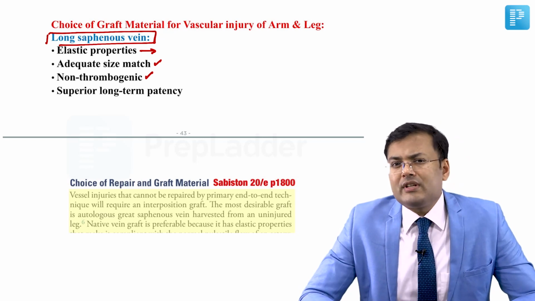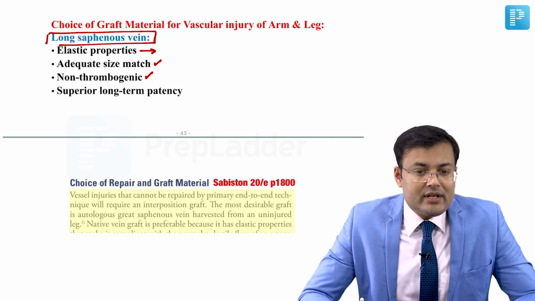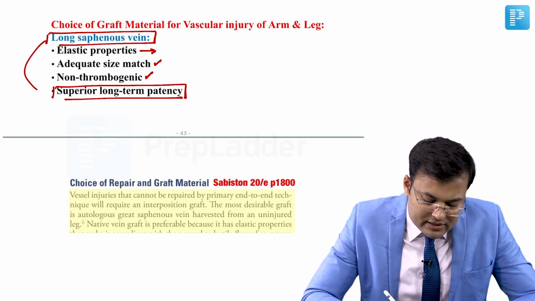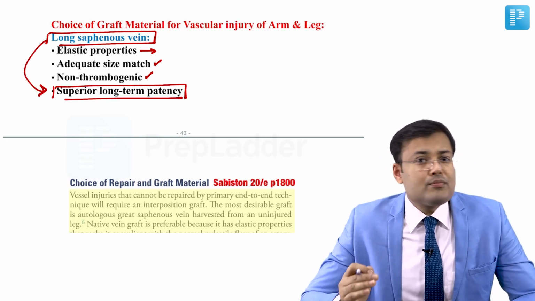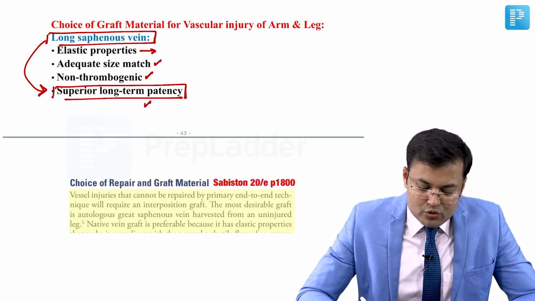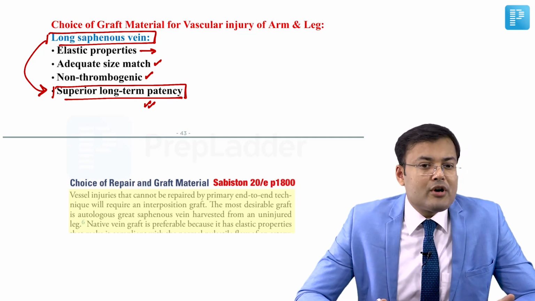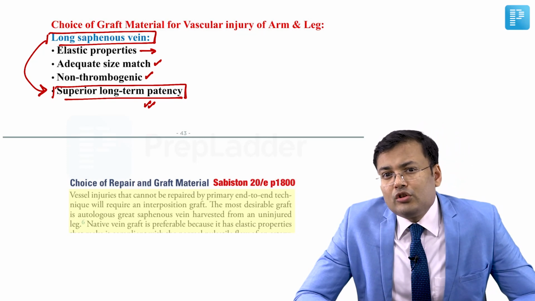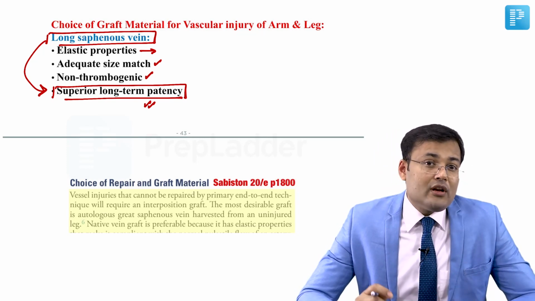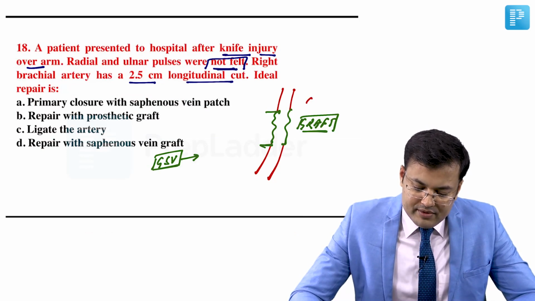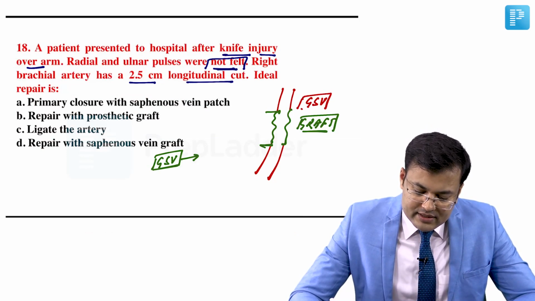What is the problem with prosthetic grafts? They are thrombogenic. And if you compare the patency of the long saphenous vein over prosthetic grafts for smaller arteries, it is superior. So because of elastic property, adequate size match, being non-thrombogenic, and superior long-term patency, for this interposition we prefer the long saphenous or great saphenous vein.